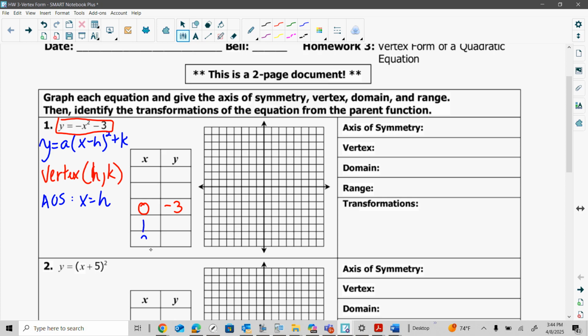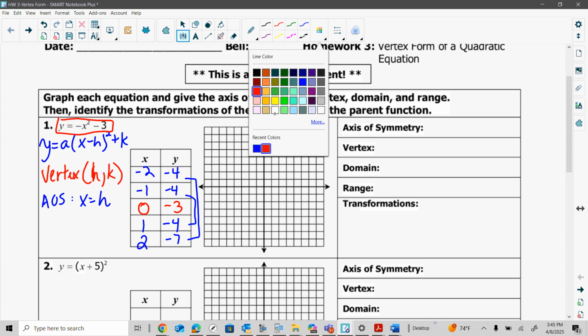So this is 1, 2, this was negative 4, negative 7. That gets reflected around that. So this is also negative 4, reflected around negative 7, and then this would be negative 1, negative 2. So we're going to start off with our vertex, which is 0, negative 3.